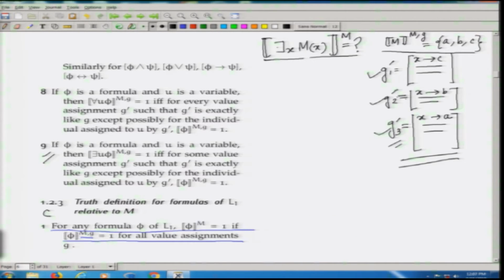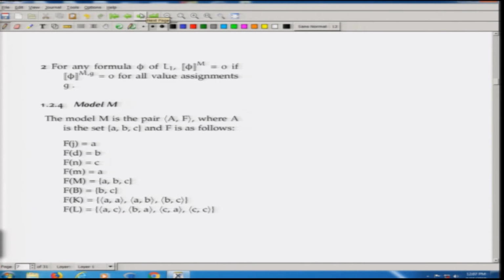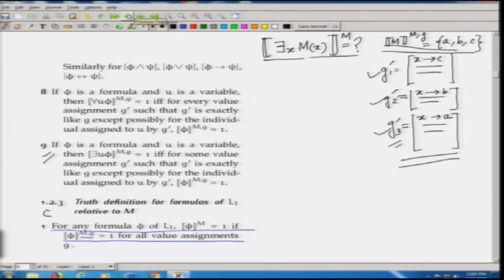Now for us it is this formula. What is the denotation of Ex, that is some x mx, with respect to M? Other things remain the same, so the structure of M we already know. And how do we know it? We know it here. This is the model. This tells us the structure of M. We just get back to the old page.